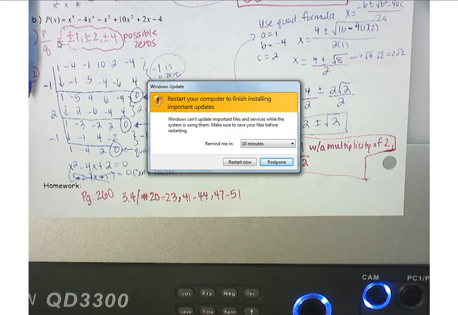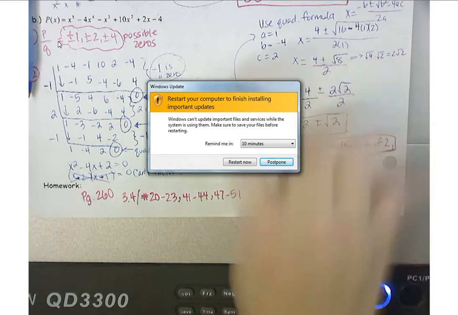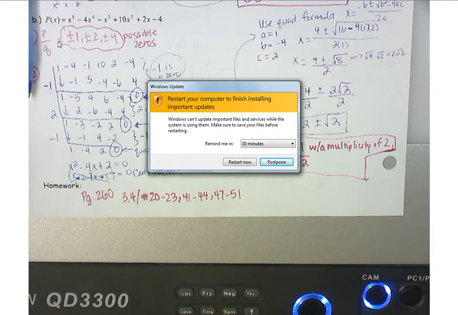They are easy ones to miss, especially the ones where you have the square root in them. If you did not do as well on your last test as you wanted to, it is imperative that you are doing every problem. If you did well on your last test, you can do the ones that you need.